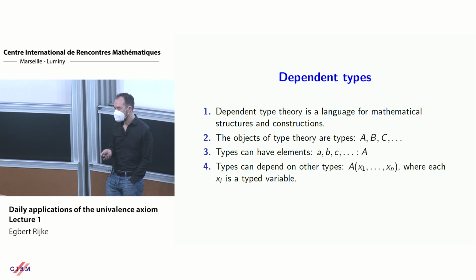In a proof assistant, what that would look like is you would assume an element x in A, and now I'm going to construct a new type using the free variable x. Maybe the type is x equals 0 or something like that, and that's a type that depends on x. So those are dependent types.